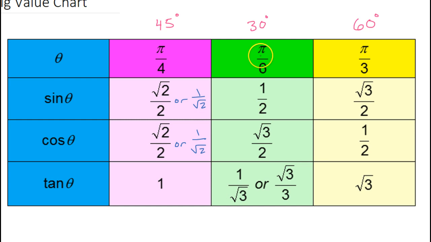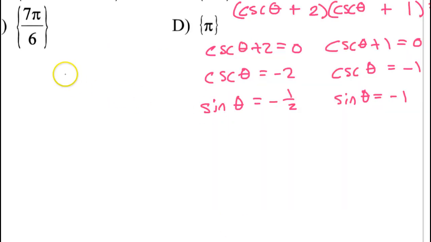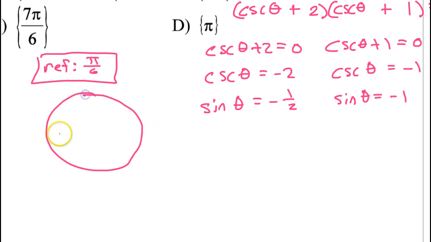Sine of pi over 6 is 1/2. You should have that memorized. So that tells me that the reference angle is pi over 6 for the left hand side here. And again, you should be able to do this in your head by now.